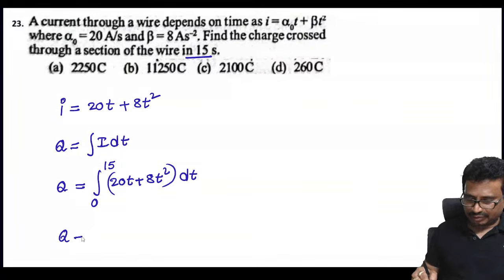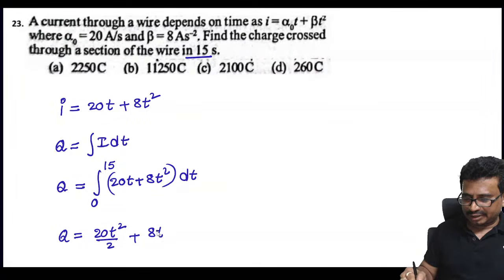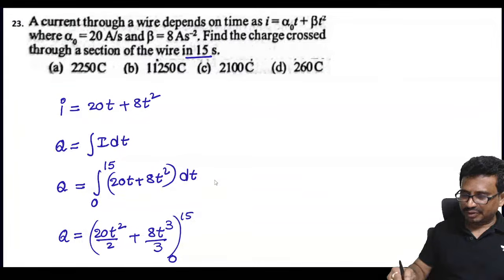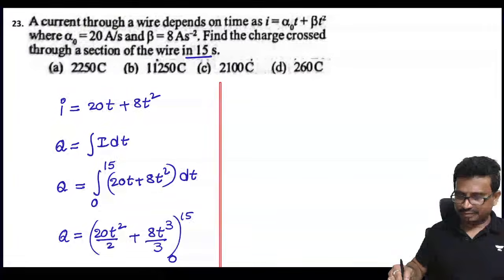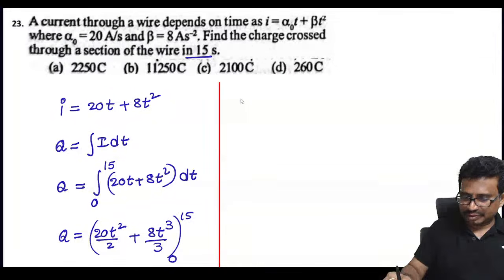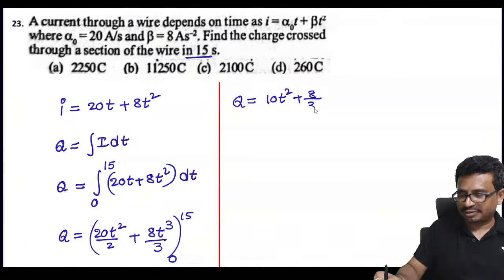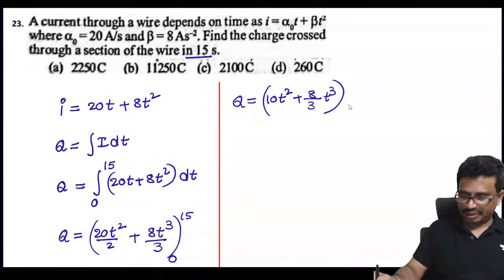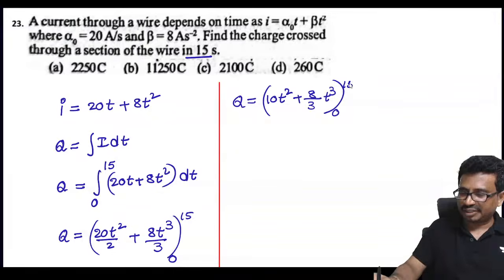Now integrate: 20t square by 2 plus 8t cube by 3, limits 0 to 15. You can substitute the limits. So q is finally 10t square plus 8 by 3 into t cube, limits 0 to 15.